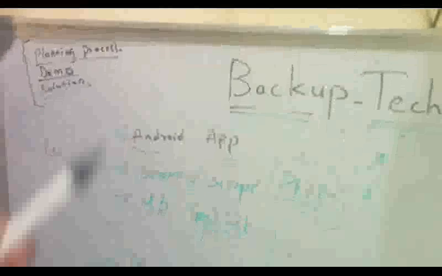Then, when it comes to the internal specifications, we will start with the Android app first. We first thought about how to implement the backup application. We searched for some libraries, and one of the major libraries we found was from Google.